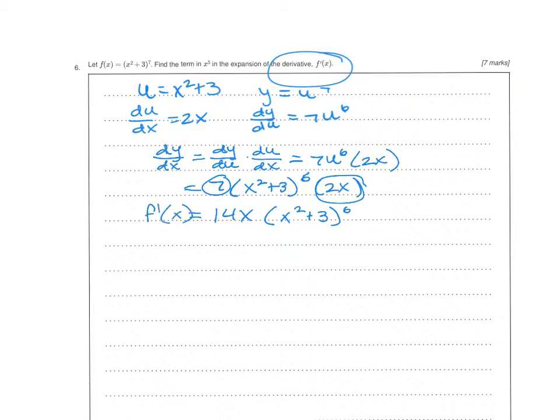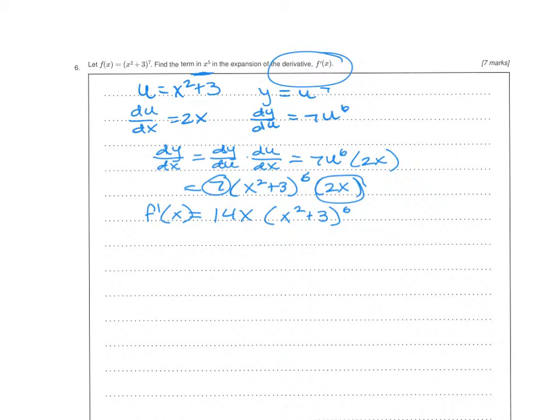So now that we have the derivative, we're looking for the x to the 5th term when we expand this. Well, whatever is expanded from here is going to then be multiplied by 14x. So it's going to increase the exponent by 1 because there's this x here. So we're looking for the x to the 4th from this expansion, and then once we get that, we multiply by 14x.